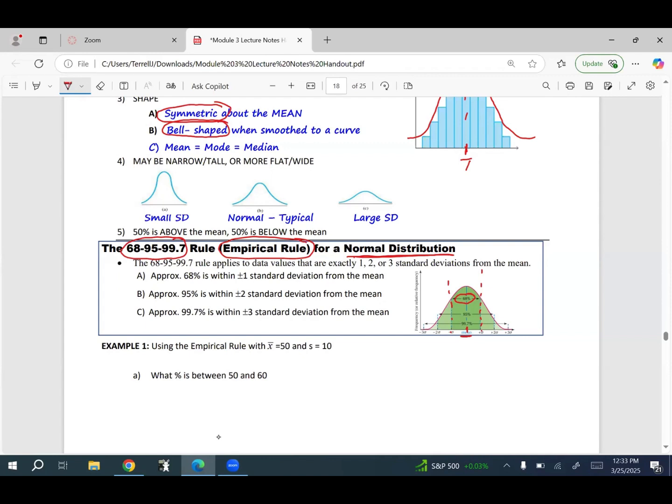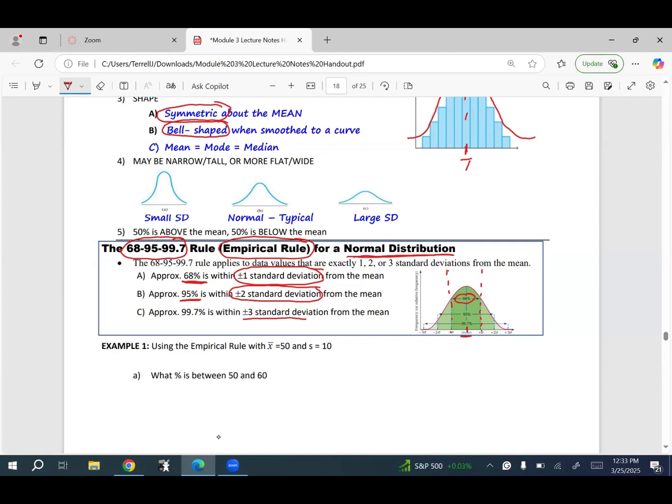Again, a standard deviation, recall from last time, is on average how varied your data values are. A standard deviation is a single value. If I go one standard deviation to the right of the mean and to the left of the mean, at these two dashed spaces, in between there, 68% of my data is within plus or minus one standard deviation. When you go out plus or minus two standard deviations, 95% of your data falls in that range.